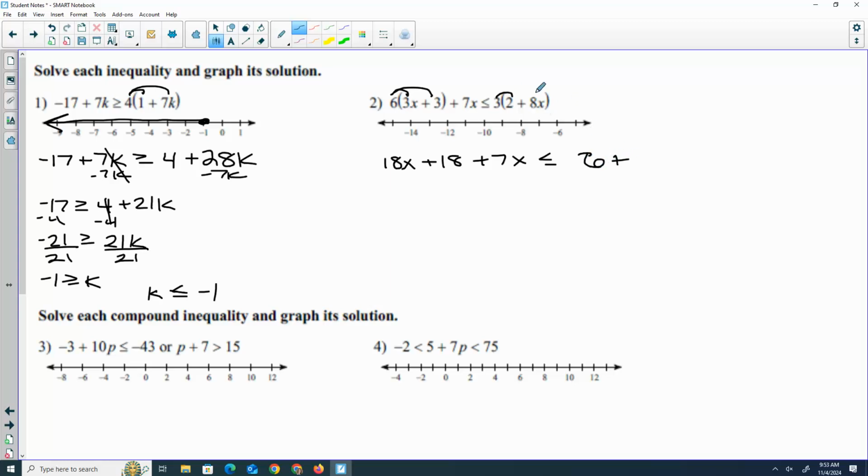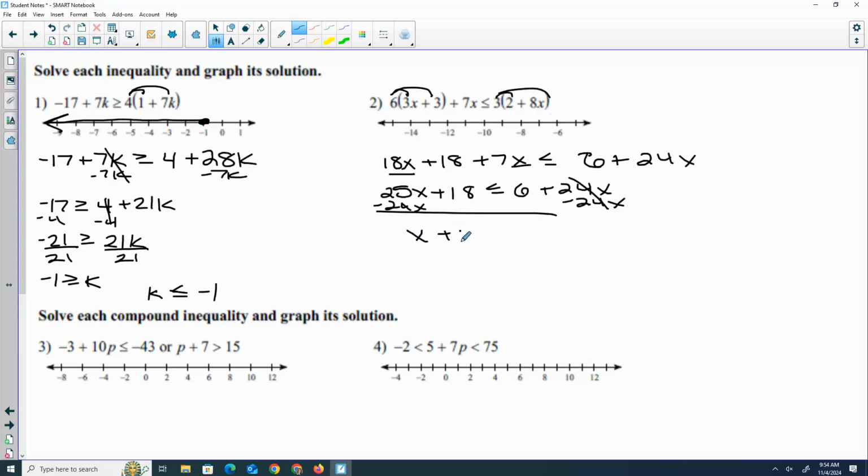So 6 is 24x. On the left hand side, 18x and 7x, we can add those together, that's 25x. So if I subtract over my 24x, I get x plus 18 less than or equal to 6. Subtract my 18, so x is less than or equal to negative 12.